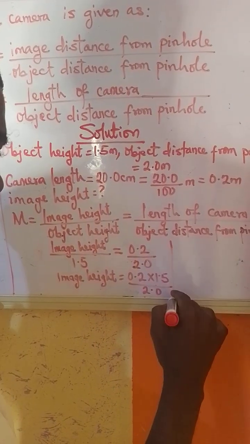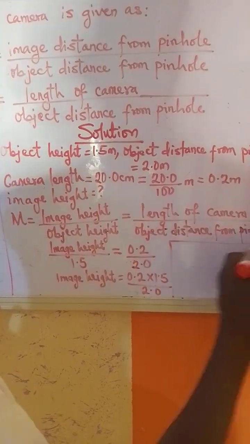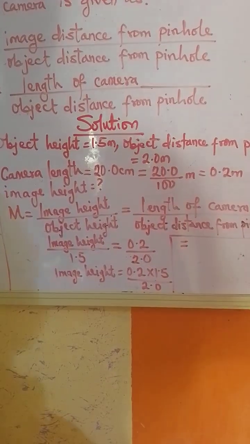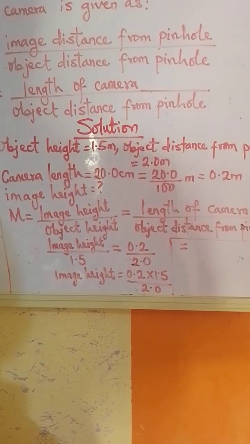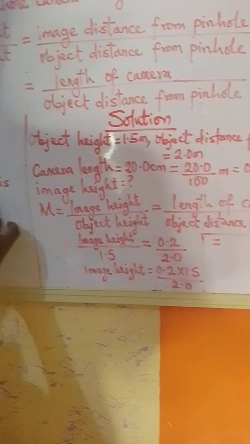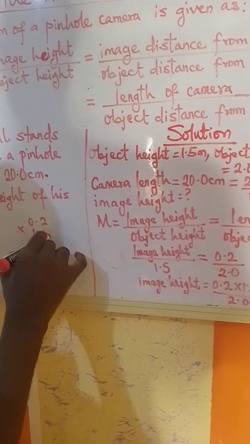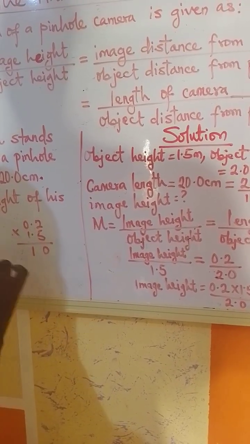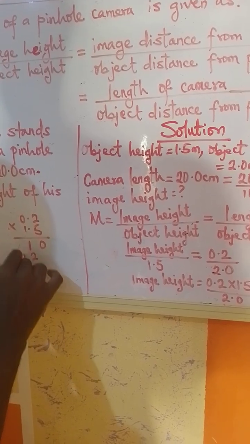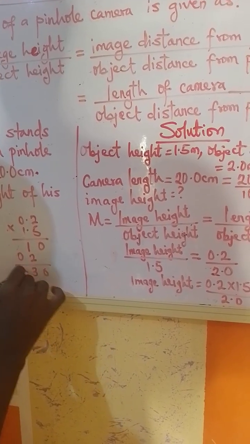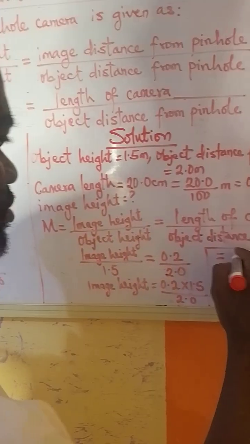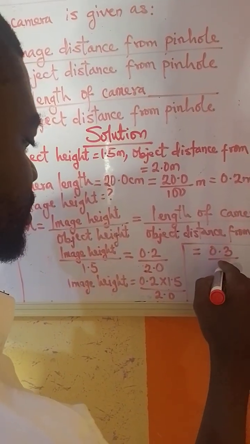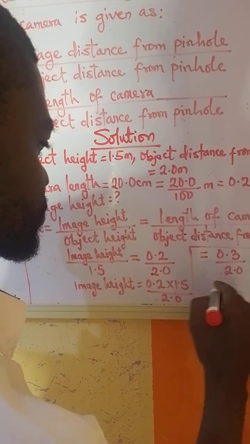So let's finish it up here. 0.2 times 1.5 will give us 0.3, divided by 2.0.